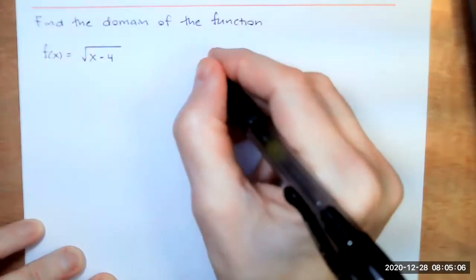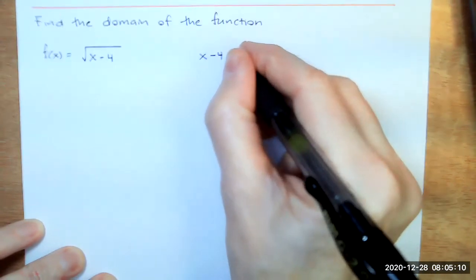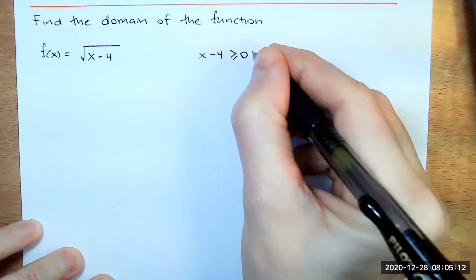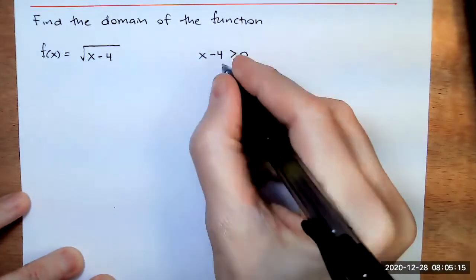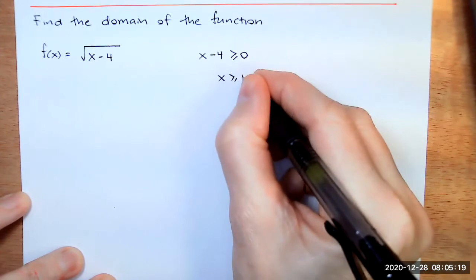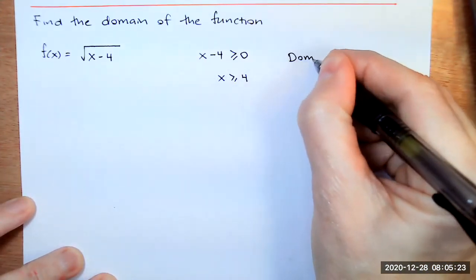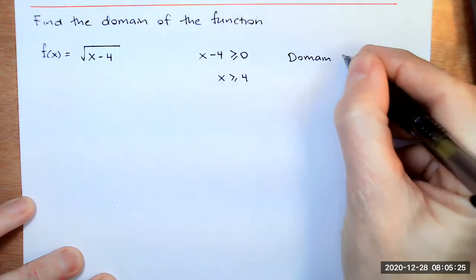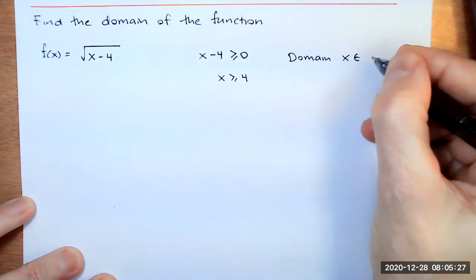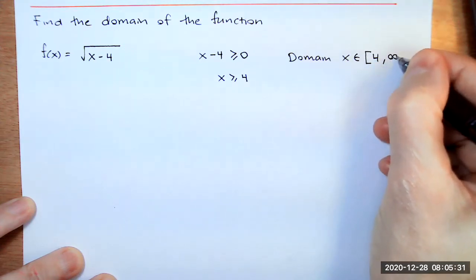So we just have to make sure that x minus 4 is greater than or equal to 0. Add 4 to both sides. So the domain of this function is the set of numbers from 4 to infinity.